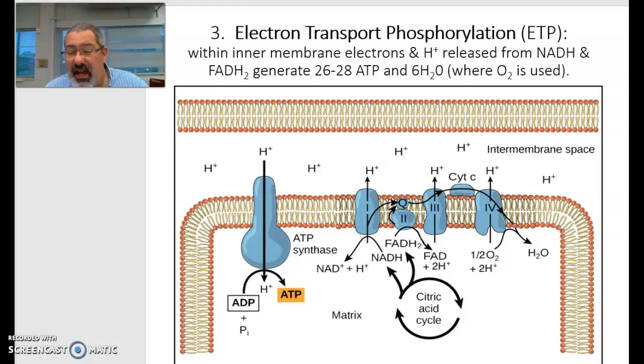So you notice that one atom of oxygen will accept 2 hydrogen atoms and associated electrons to form water at the end of electron transport chain. So this is the money step in respiration. It generates by far the largest amount of ATP. Anywhere from 26 to 28 molecules are thought to be generated.